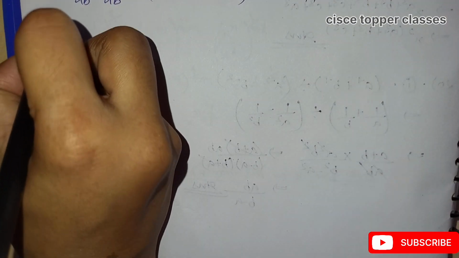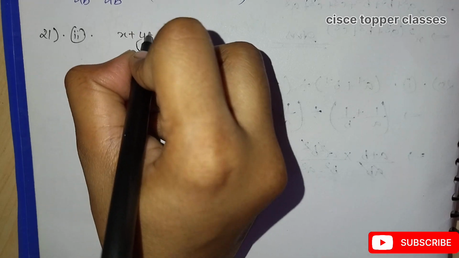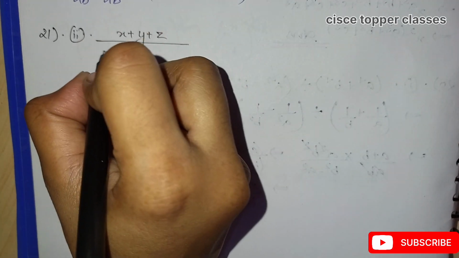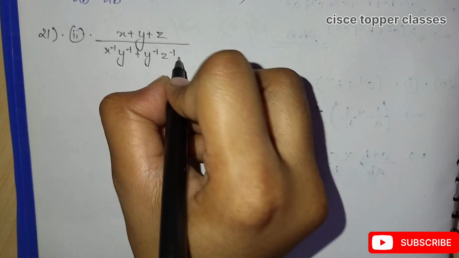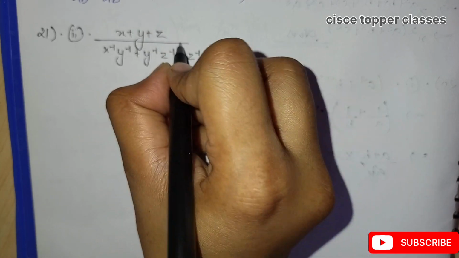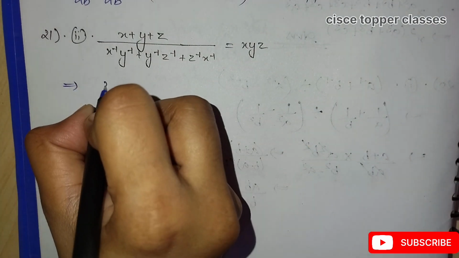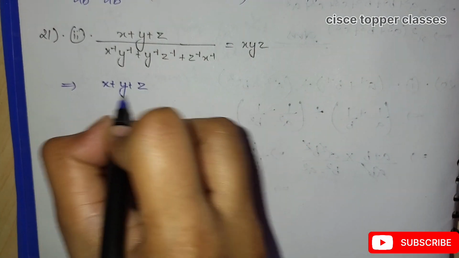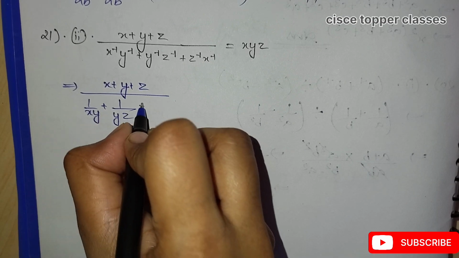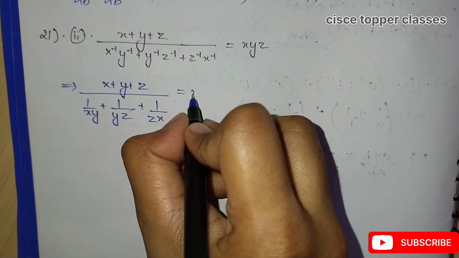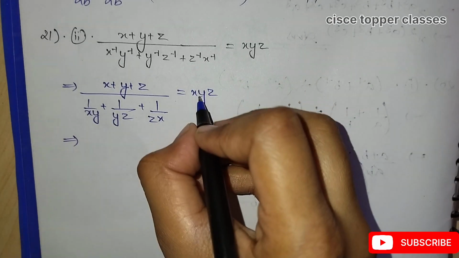Now let us solve question number 21 second part, which is x plus y plus z divided by x inverse y inverse plus y inverse z inverse plus z inverse x inverse, equal to xyz. So here we can write it as x plus y plus z, 1 by xy plus 1 by yz plus 1 by zx, equal to xyz. On simplifying this part also, we have to prove here.